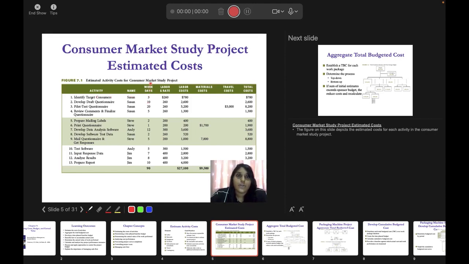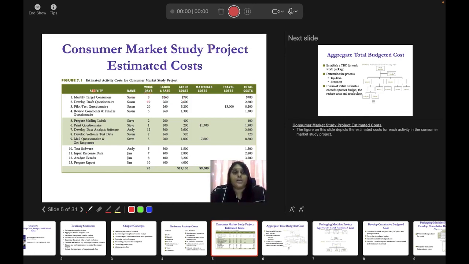So you have your work days and then you have your labor rate per day. This labor rate is per day, so 260 per day times 3. You have 3 working days, so labor rate times the work days gives you your labor cost. This is the total cost for this particular working period.